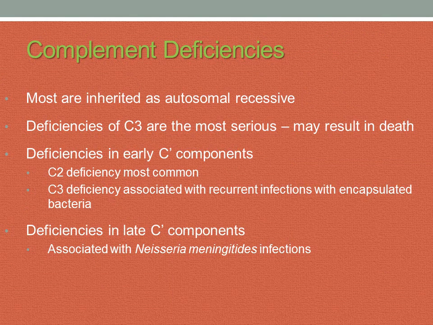Now that you're aware of the complexity of the complement cascade, you can probably predict that any number of things can go awry in that cascade and lead to some sort of a complement deficiency. Most complement deficiencies are inherited as autosomal recessive.